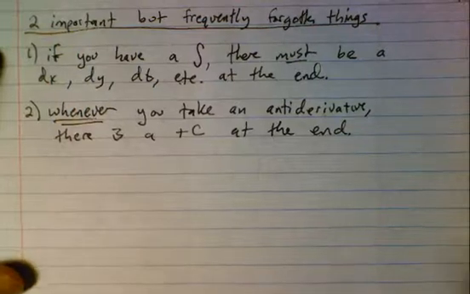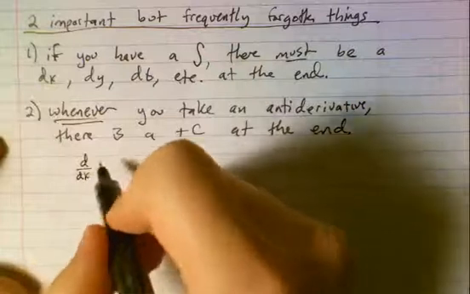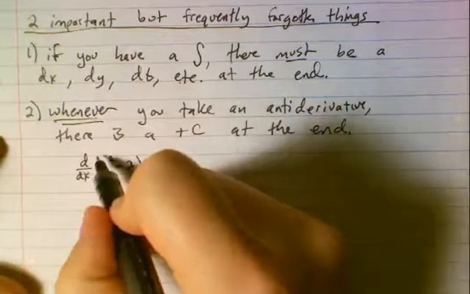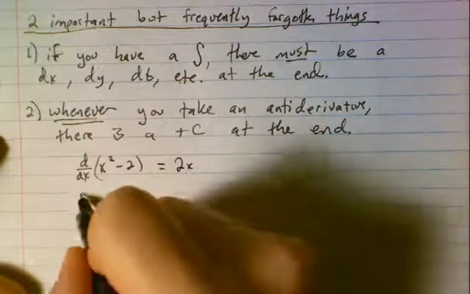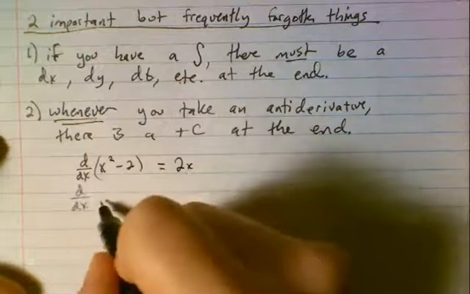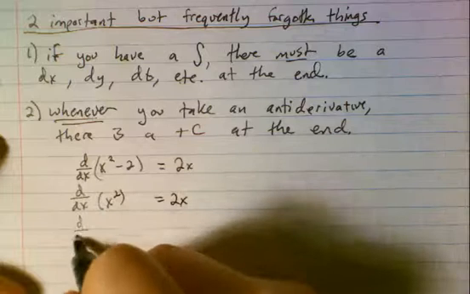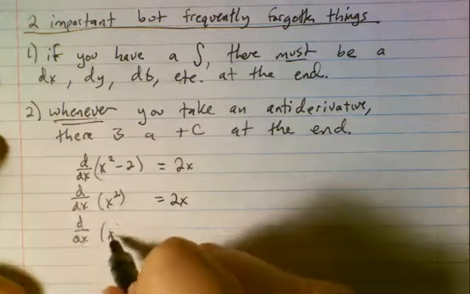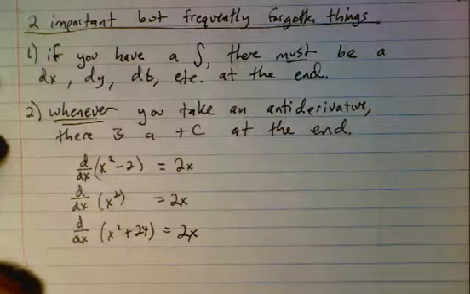And let me show you why that is. So let's say we're taking the derivative of x squared minus 2. You know that one, it's just 2x. If I take the derivative of plain old x squared, that's also 2x. If I take the derivative of x squared plus 24, that's also 2x.